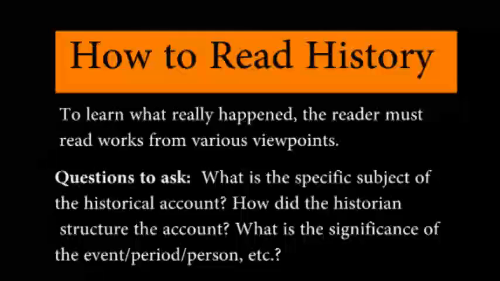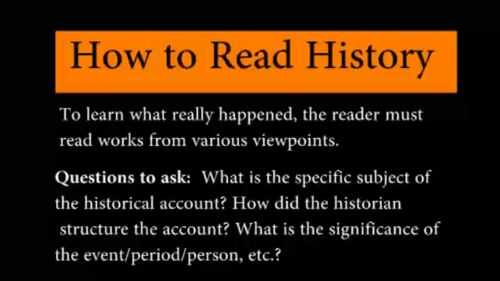The second question we must ask of a history is about how the historian has structured the account. There is more than one way to tell a story, and the reader must determine how the historian has decided to tell his. Has he divided the work into chapters by years, events, and so forth?